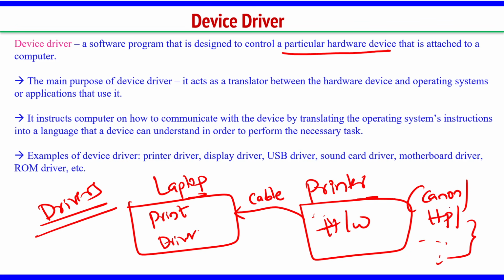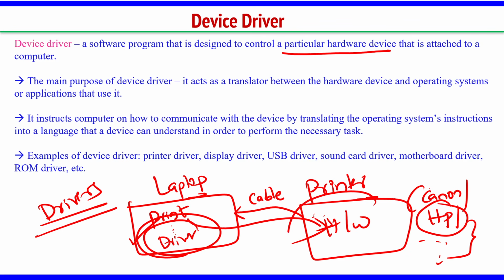Canon printer's driver should be installed in my laptop. Only then I can print from my laptop using this printer. I can print some documents. So device driver is required. So what is the device driver's job? Its job is to connect this hardware device to my machine, to my laptop, to my computer.